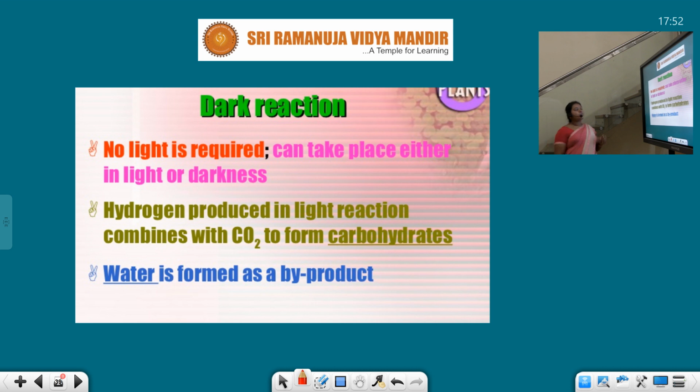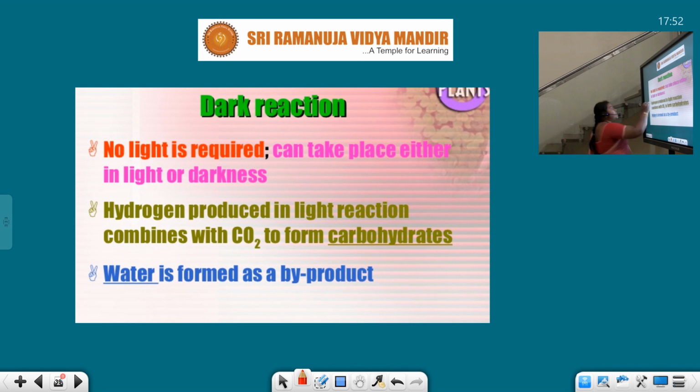Now the dark reaction, no light is required actually. This dark reaction doesn't directly require light, but whatever was synthesized during the light reaction, such as ATP and NADPH, which are known as assimilatory powers, is utilized in carbohydrate production.